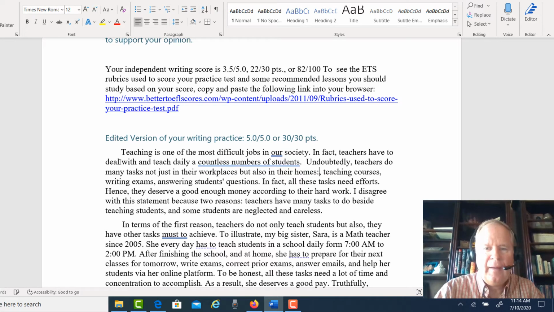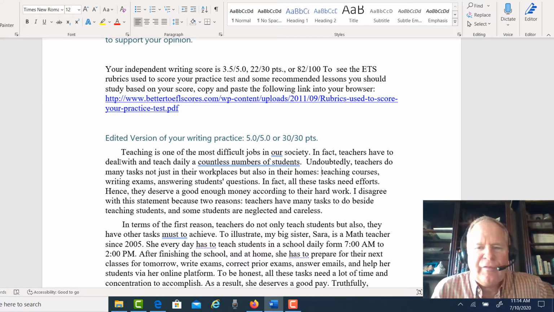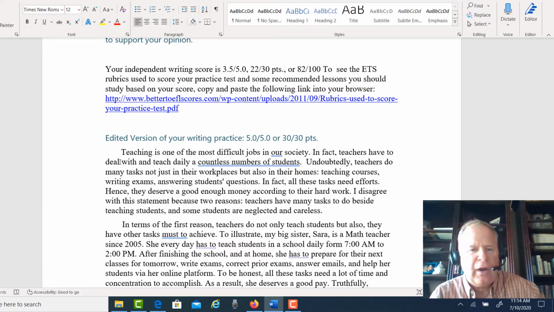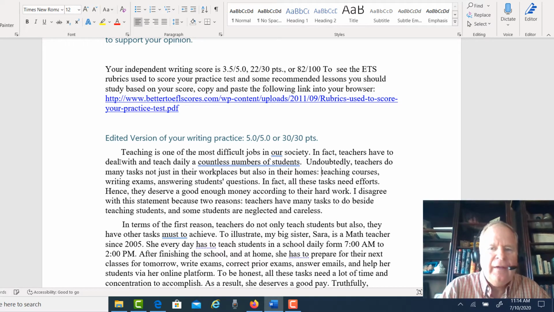Instead of, for example, let's just use the colon here. That way, what you actually had was a fragment. You put a period in it, for example, teaching courses, writing exams, answering students' questions. That was a fragment, but if you put the colon and then use these 3 ideas, you no longer have a problem.